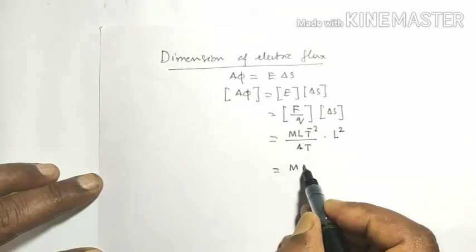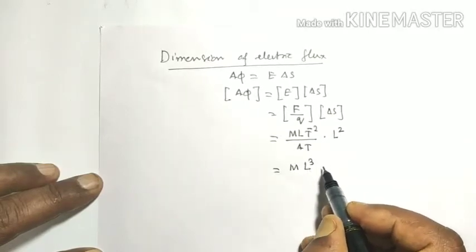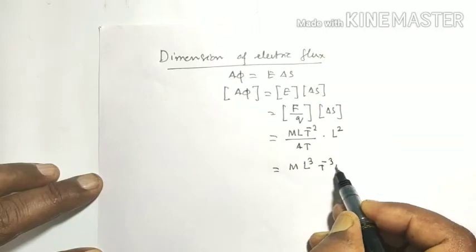So this is equal to M L cube T to the power minus 3 A to the power minus 1.